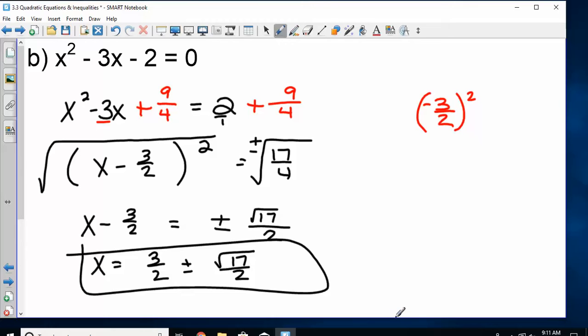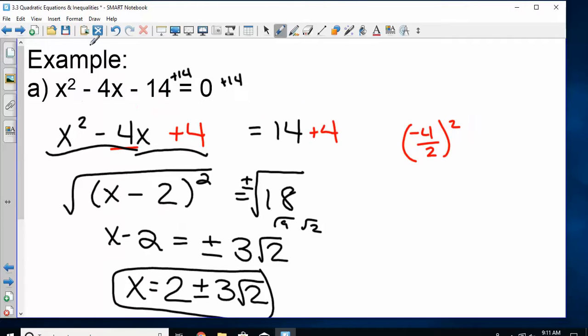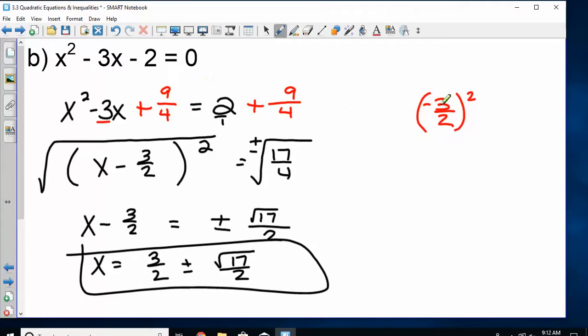What if you go back using 3/2? This number right here will always be the number before you square. So like on the previous one, negative 4 divided by 2 was negative 2. So negative 3 over 2 didn't reduce, so that's what I used right now. Other questions?